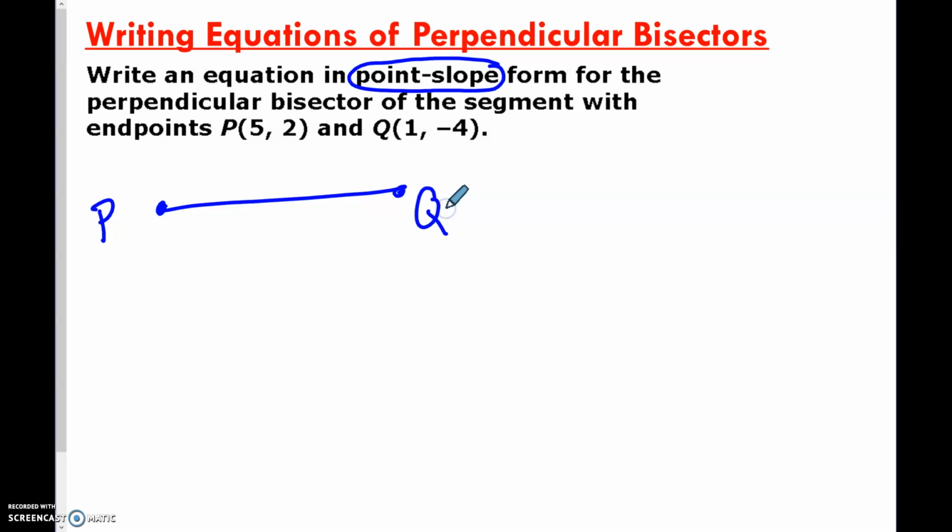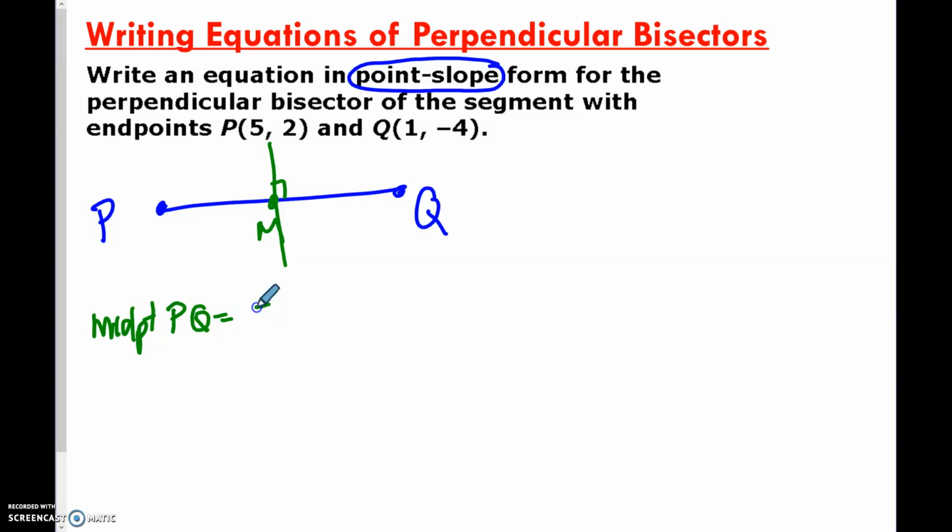Okay, so what they're really asking me to do is write the equation of this green line. To be the perpendicular bisector, it has to be perpendicular, and that must be at the midpoint. Okay, so I am going to find the midpoint of PQ.